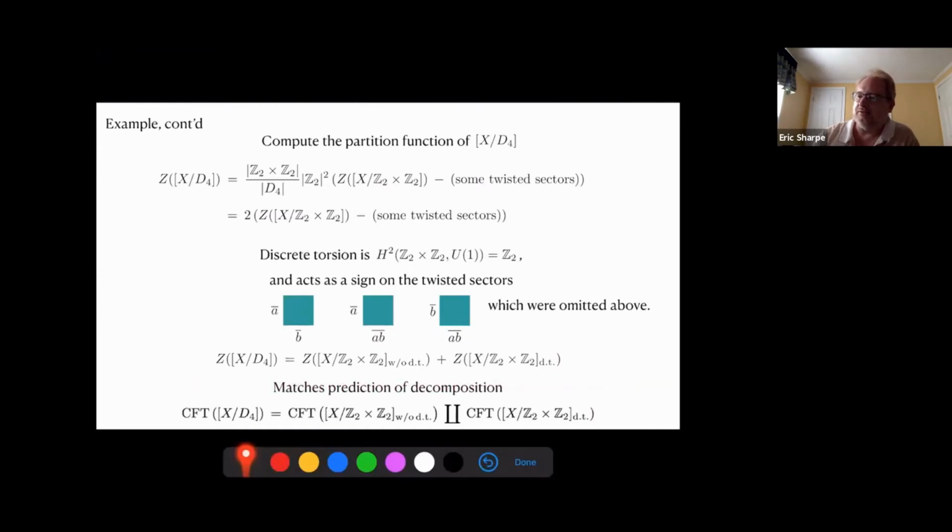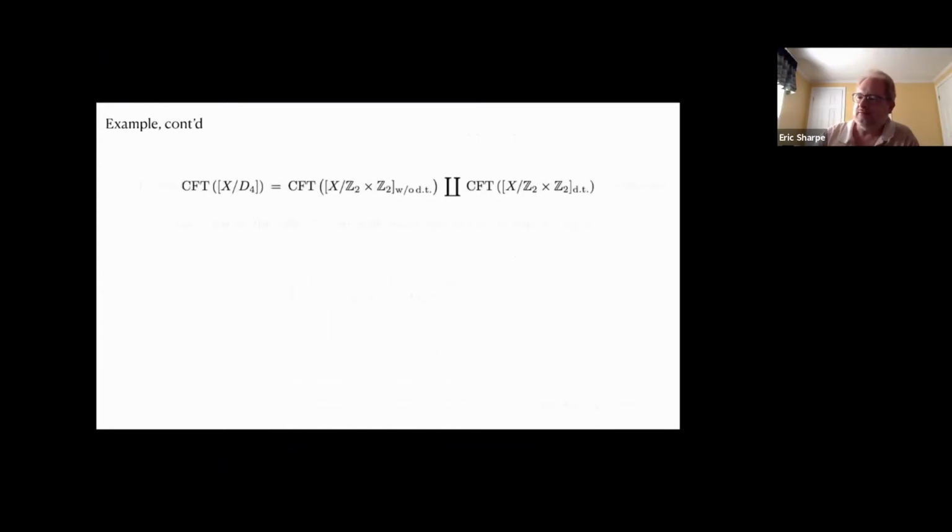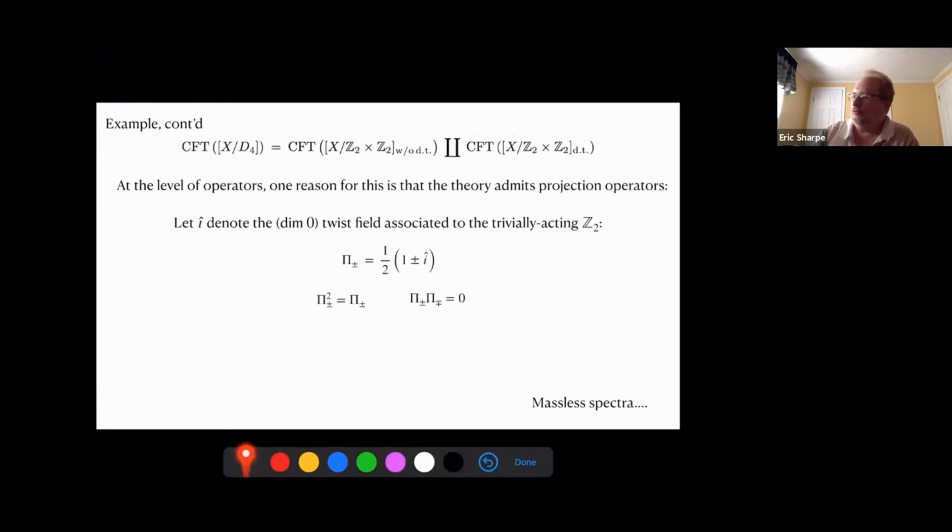And the result matches the prediction of decomposition I mentioned earlier, that the conformal field theory of that D4 orbifold should match the sum of the conformal field theories of the 2 Z2 cross Z2 orbifolds. Now, let me tell you a few more things about this before going on. At the level of operators, one reason for this is the theory admits projection operators.